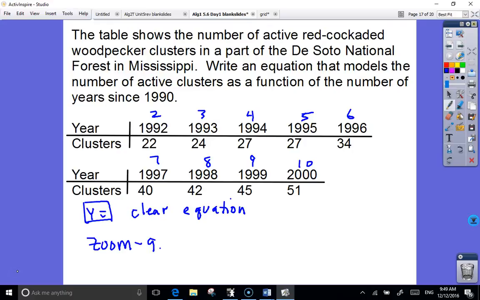Stat, calc, 4. You must do it, graph. Where's the equation on y equals? Why isn't there a line? You can write it down. Oh, you got to write it down. And then y equals, type it in.